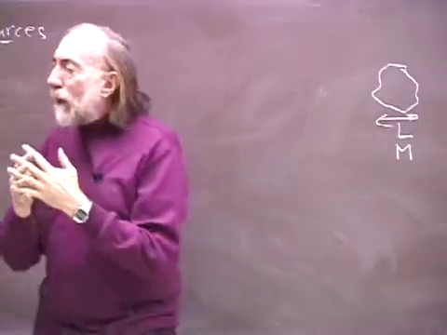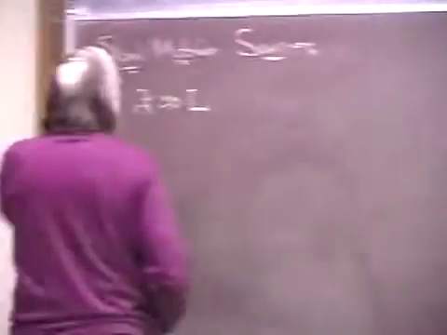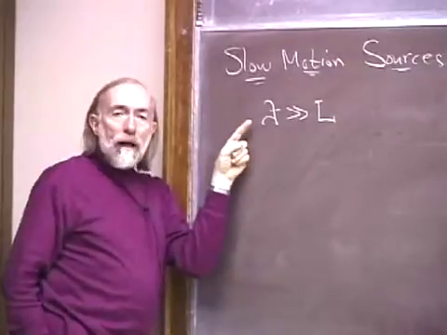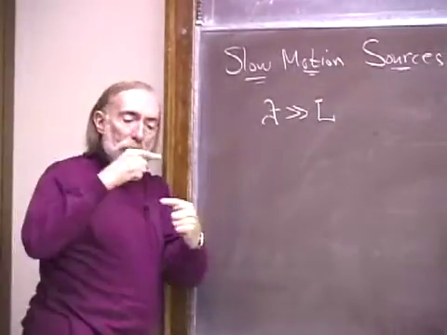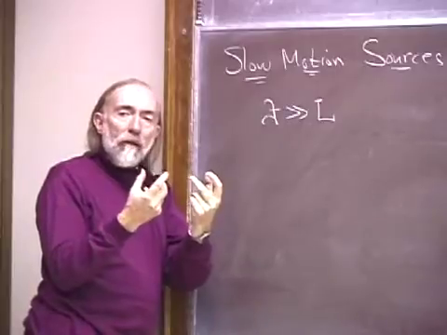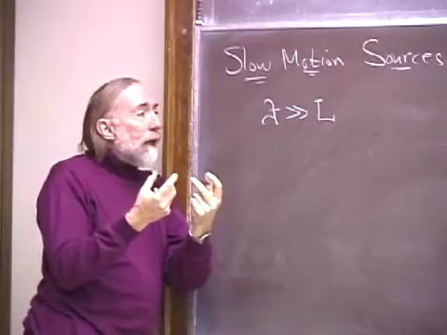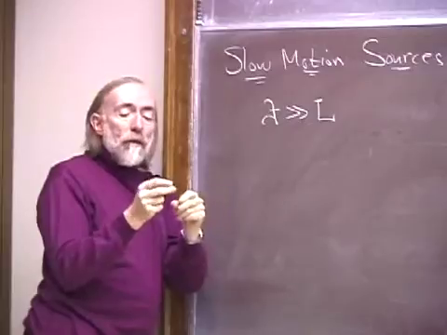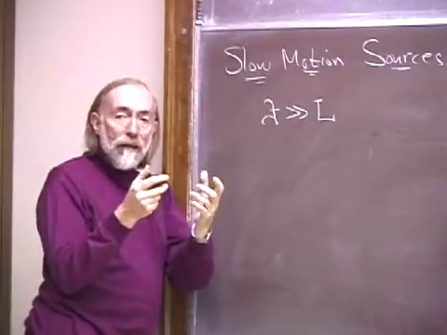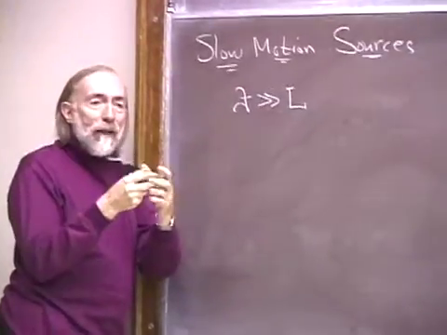And that example illustrates the fact that slow motion sources need not have weak internal gravity. Two black holes orbiting each other, the gravity is weak in between the black holes, but in the vicinities of the black holes it's strong. Another example is a spinning neutron star that's deformed from axial symmetry. It has a mountain on its surface, for example, a 1 centimeter high mountain.